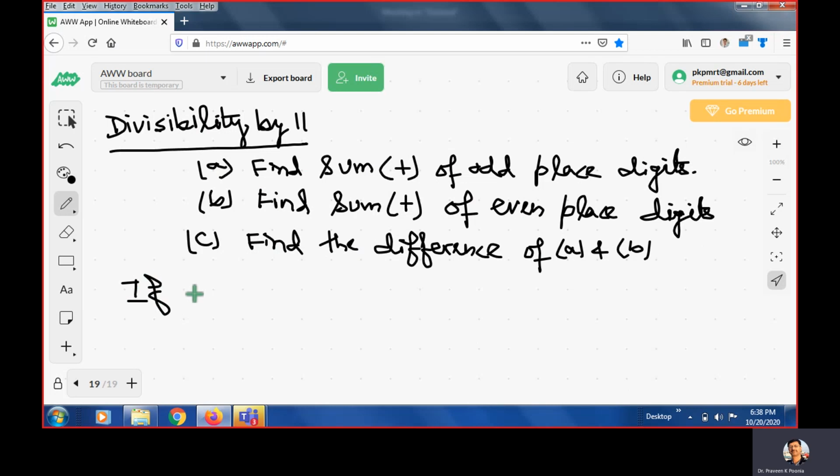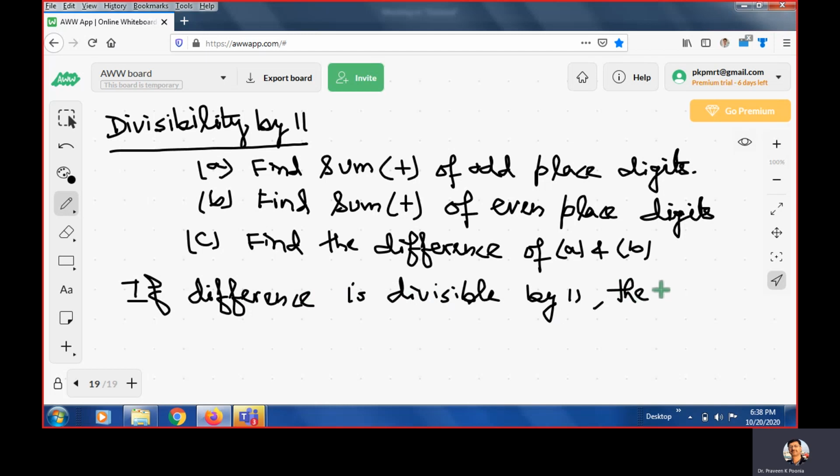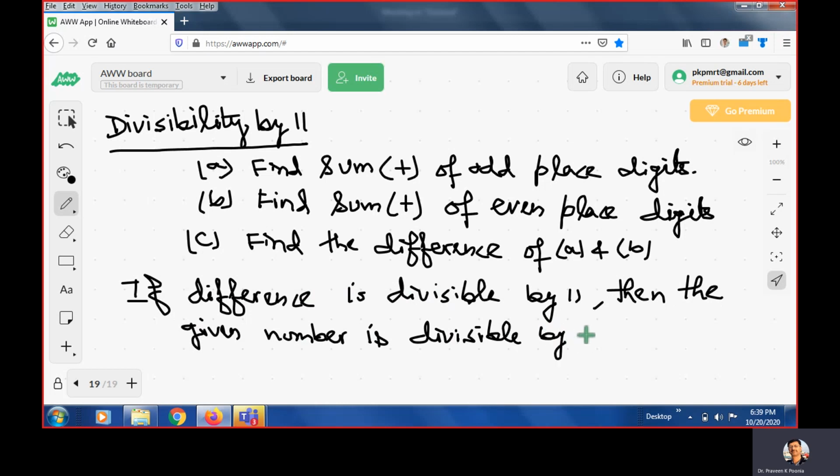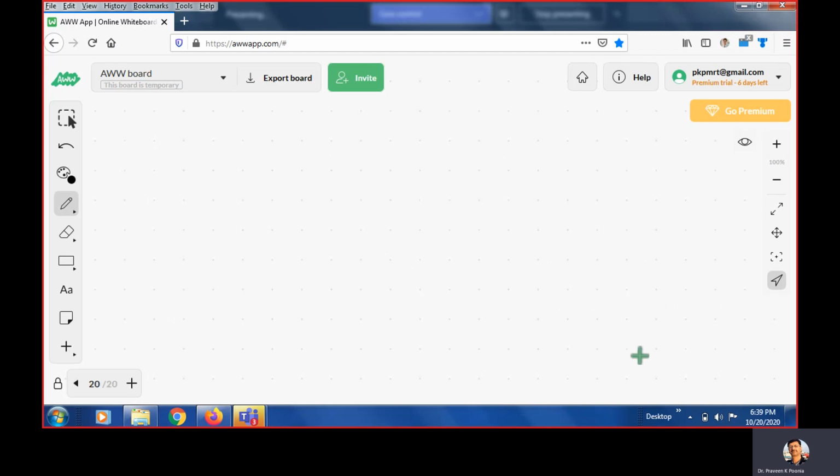If the difference is divisible by 11, then the given number is divisible by 11. Understand? So this is how to find the divisibility by 11.